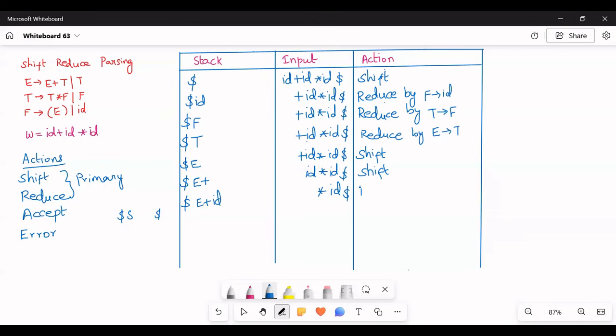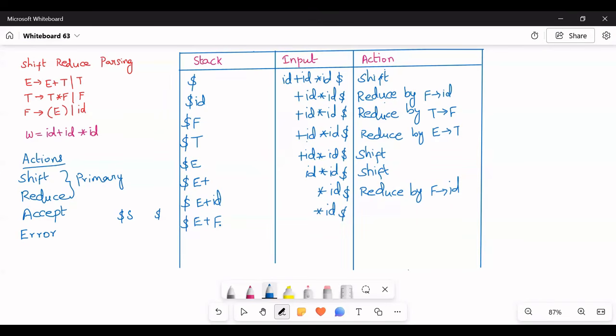So reduce by F tends to id. id must be replaced by F. Then the remaining input string is star id dollar, no change in the input string.